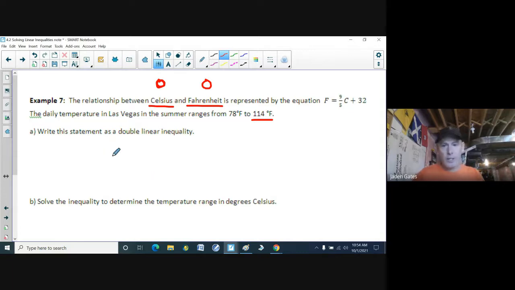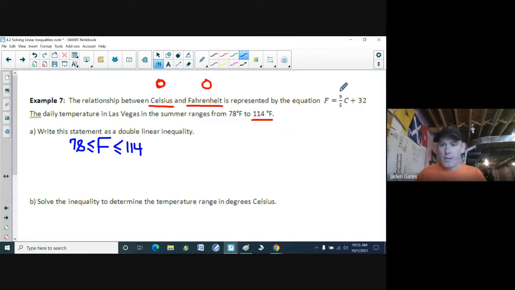Okay, well, it says the daily temperature is 78 degrees Fahrenheit to 114 degrees Fahrenheit. Well, as a double inequality, 78 is less than or equal to the Fahrenheit temperature, which is less than or equal to 114.